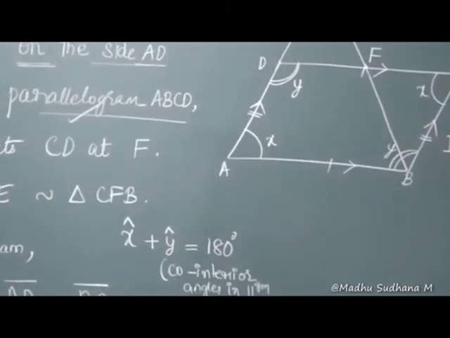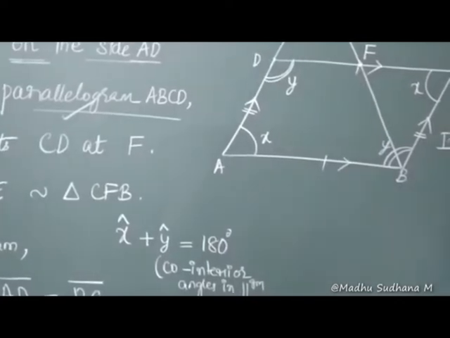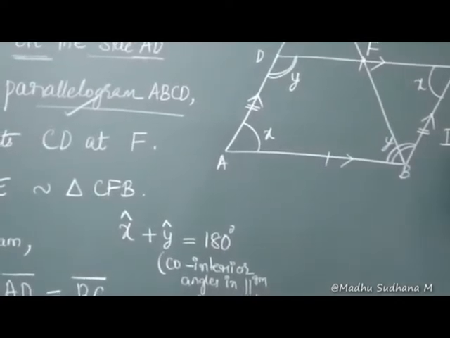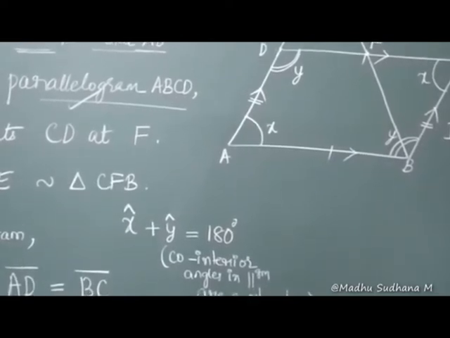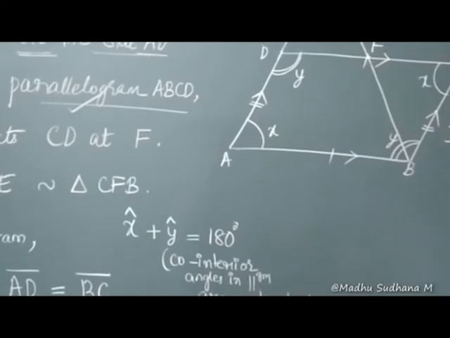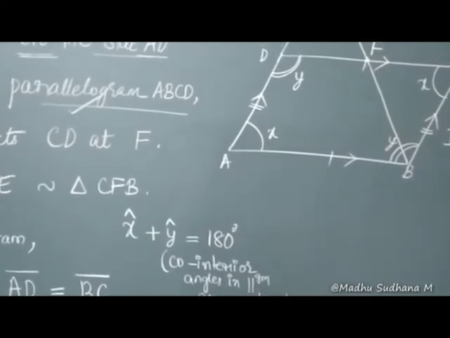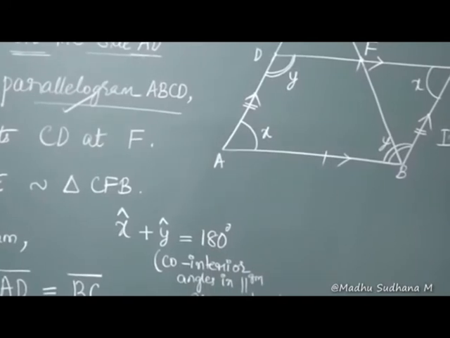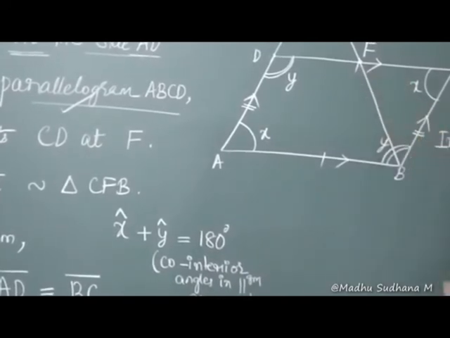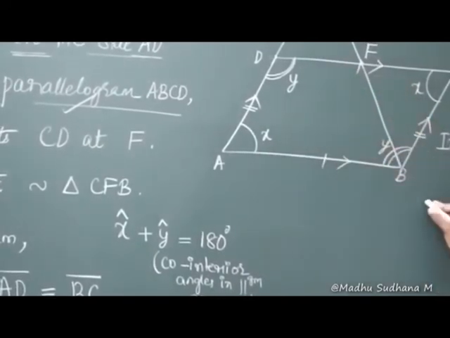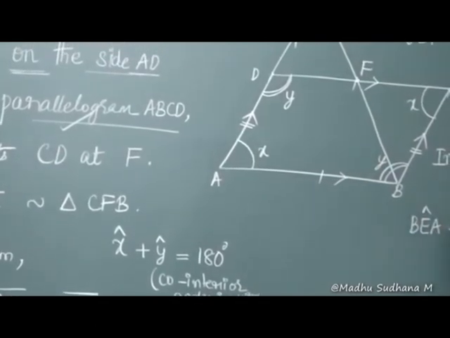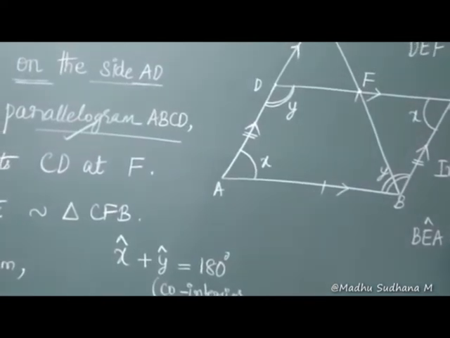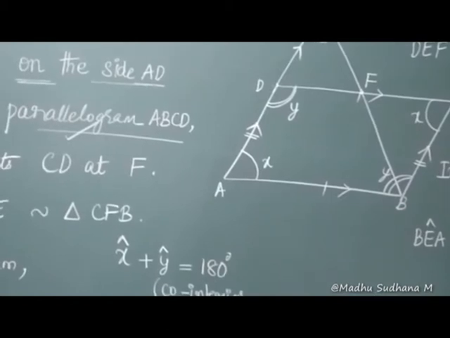Triangle CFB. So please understand, when we write triangle, we are not proving its similarity here. Triangle CFB or triangle CBF or triangle FCB doesn't matter here. Followed it? When we write the complete triangle, in these two triangles, can I write angle BEA, which is equal to angle EBC?